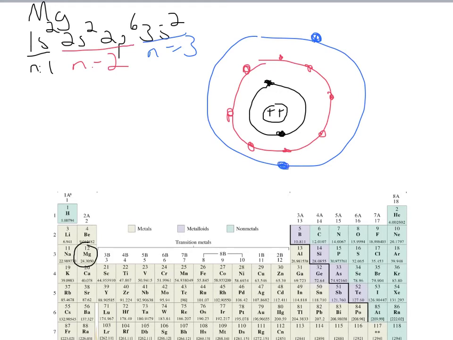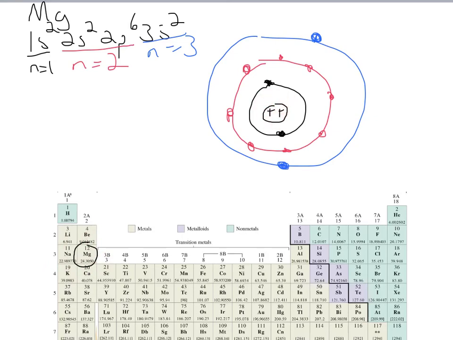What we need to notice is that the shielding electrons stay the same, because we still have 10 core electrons. What changes is our atomic number, which is now 12 instead of 11. Comparing sodium and magnesium, 11 versus 12, we have more positive charge in the center.